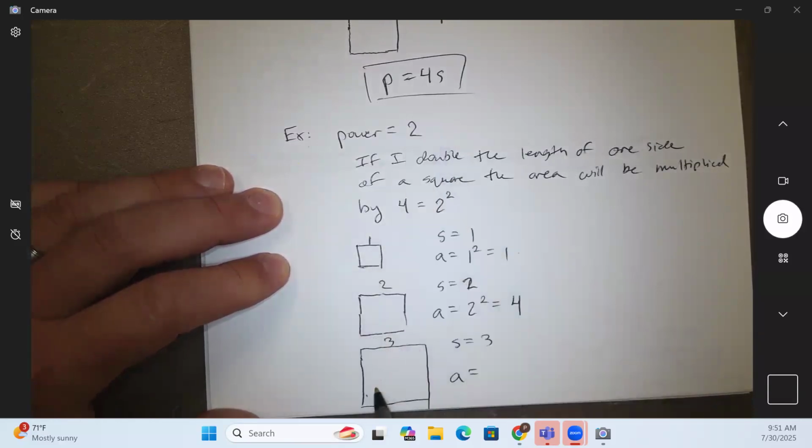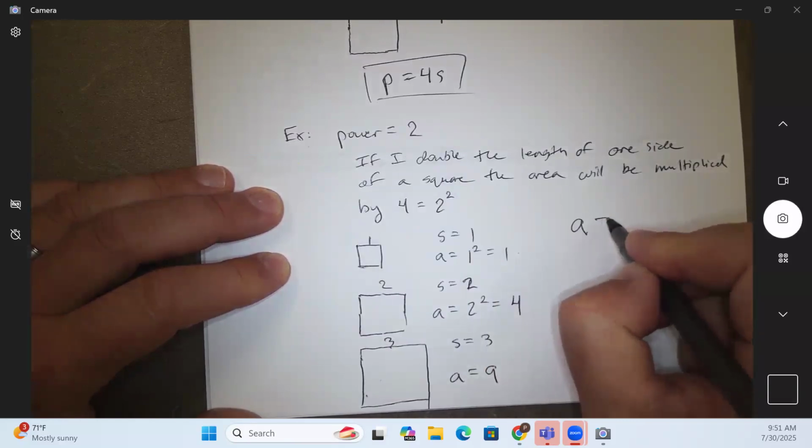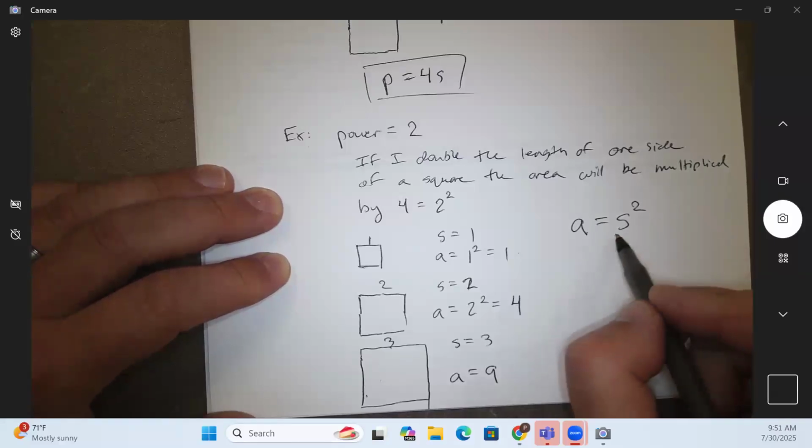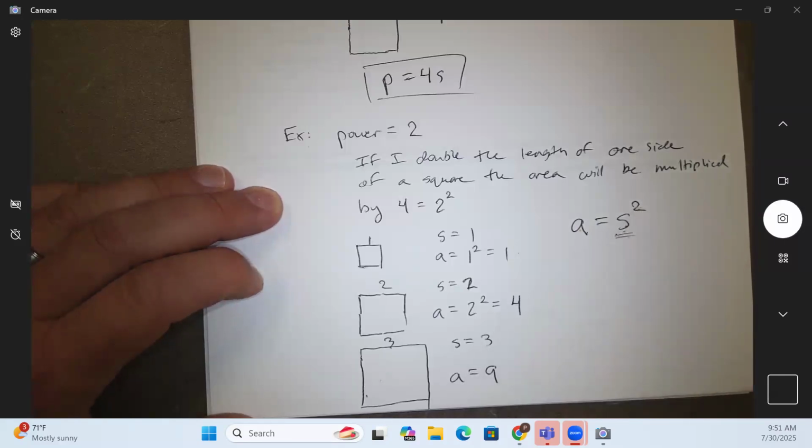And so not the perimeter, which would be 12, but the area, which is going to be 9. So my relationship is area equals side length squared. Area is now a power of the side length.